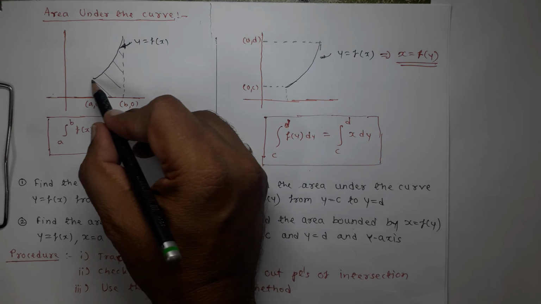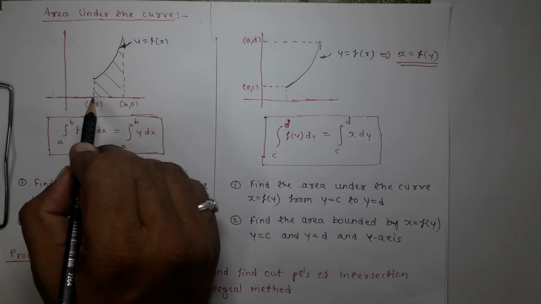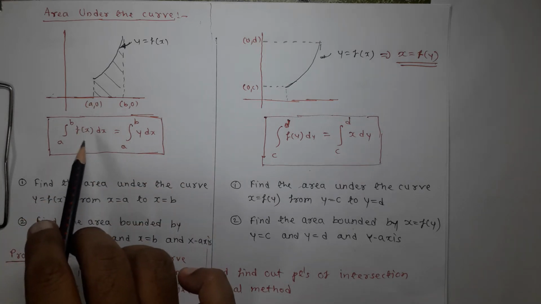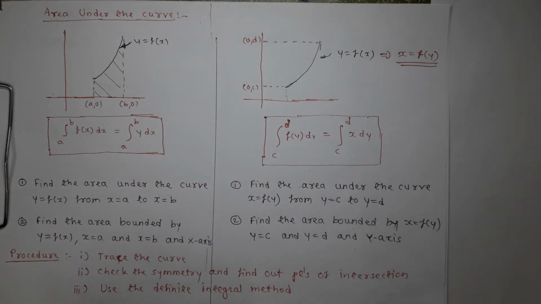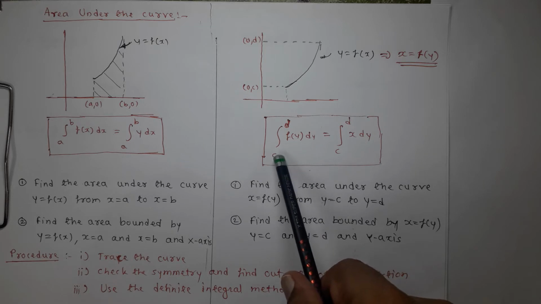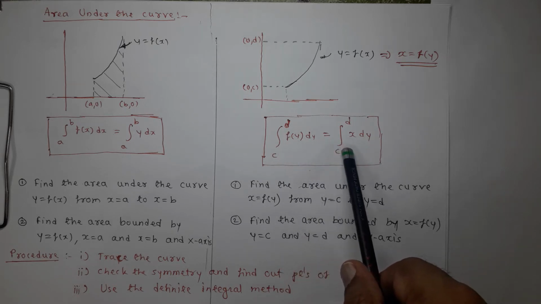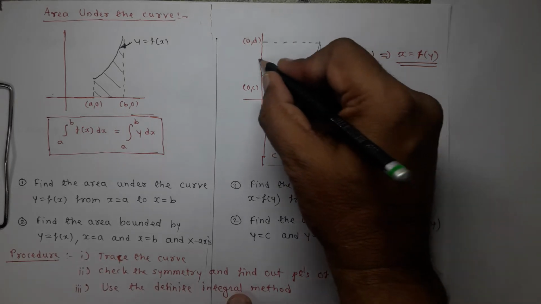Means if this is the part of the curve from x is equal to a to x is equal to b, and when I go for this equation, it gives me this area under the curve. Now if I use this integration, that is integration from c to d of f of y dy, or integration from c to d of x dy, actually I get this area.